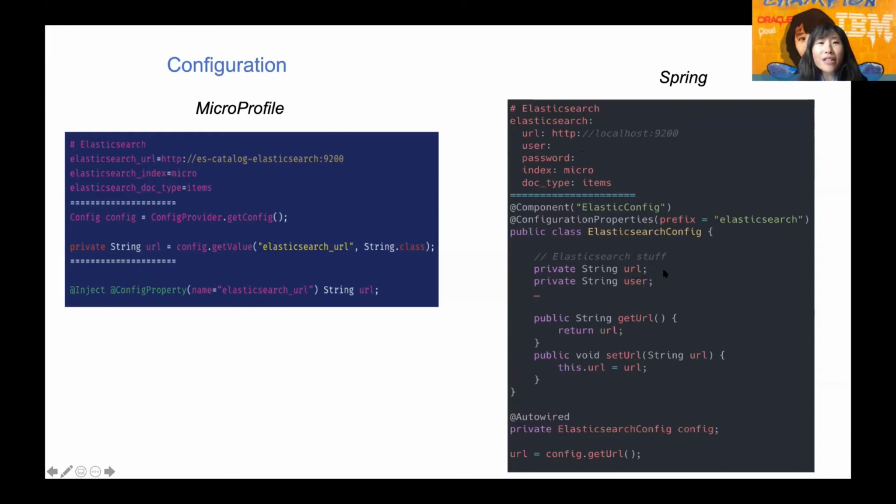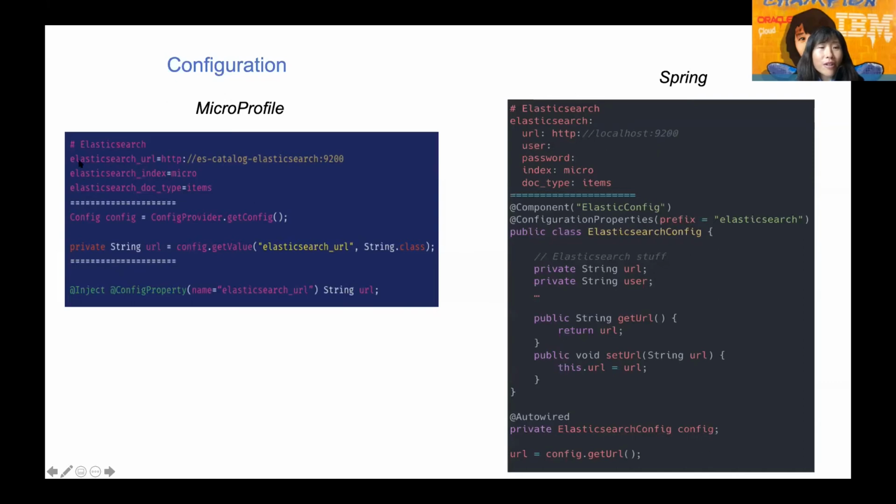I would like to mention that I am heavily involved in MicroProfile Config. So in the upcoming MicroProfile Config, we also support this annotation. We call it ConfigProperties, and it also supports a prefix.